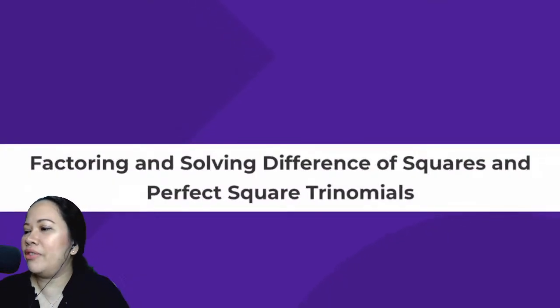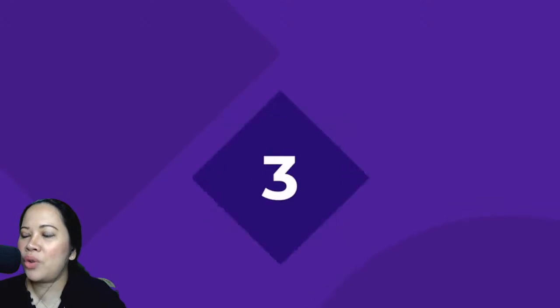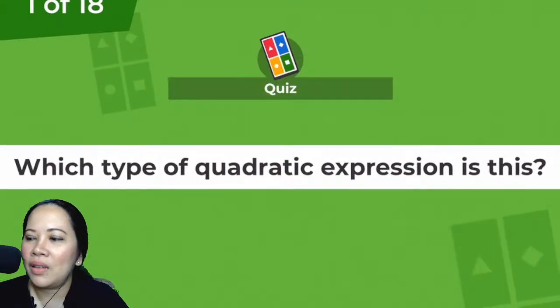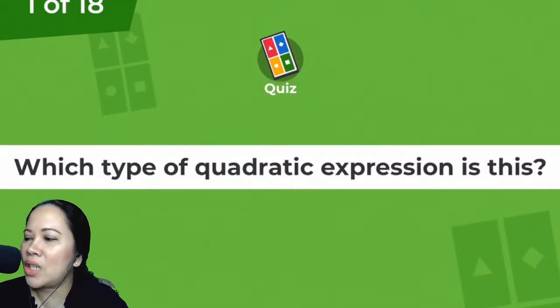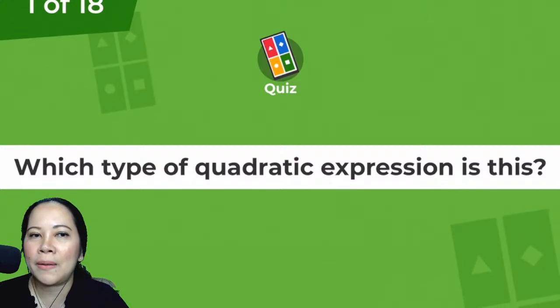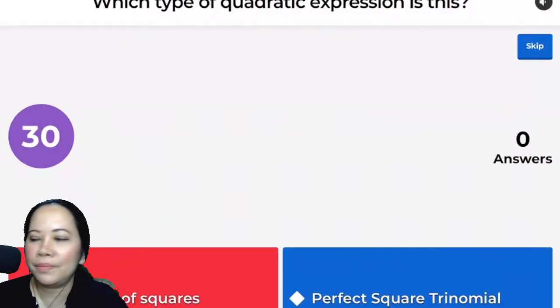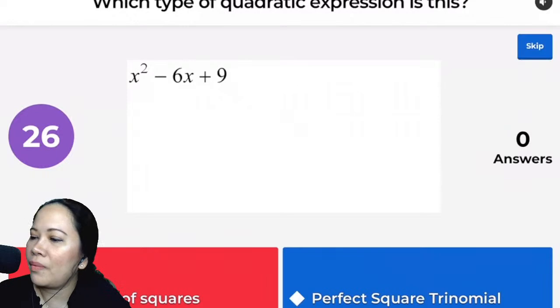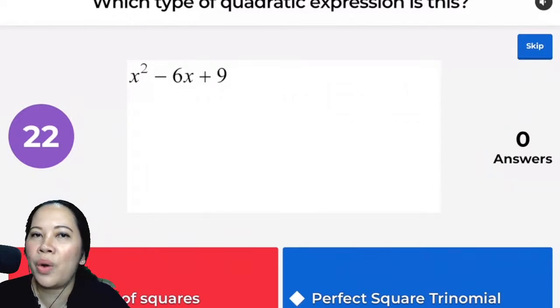Factoring and solving difference of squares and perfect square trinomials. Question number 1. Which type of quadratic expression is this? Is this difference of squares or is this perfect square trinomial?